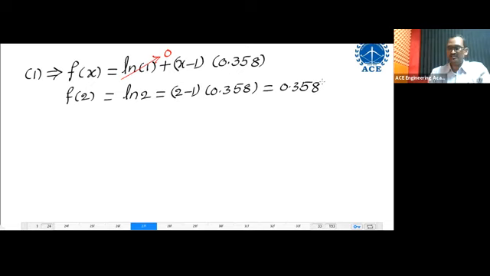This ln 2, found using the formula, is the approximate value.